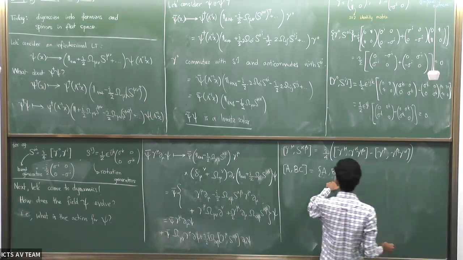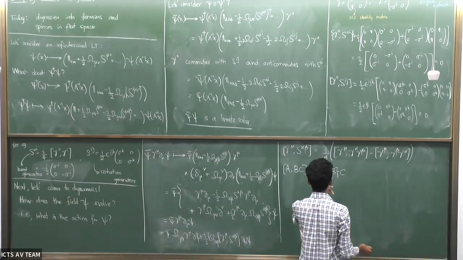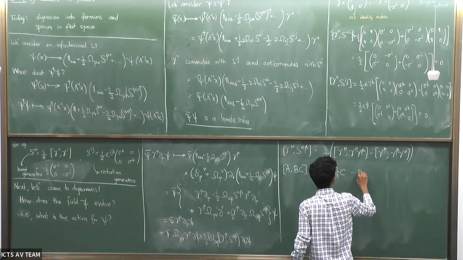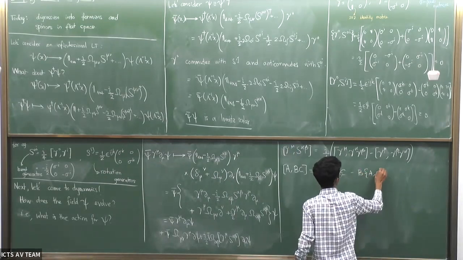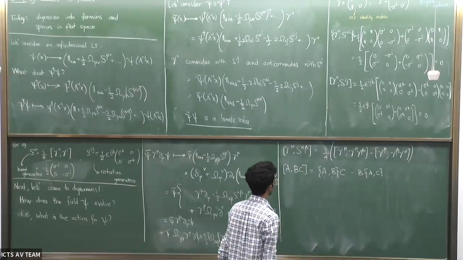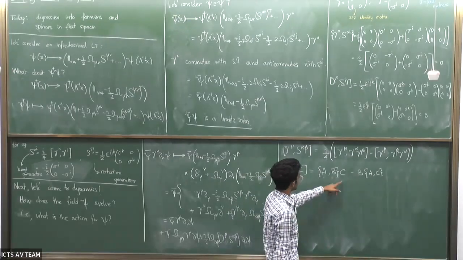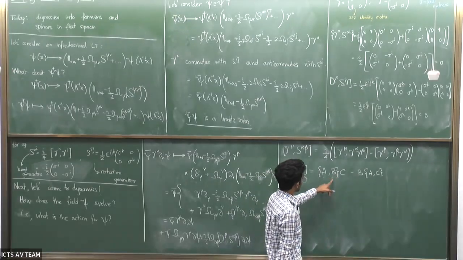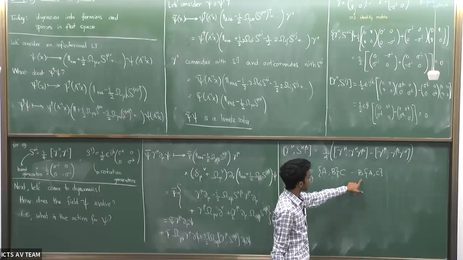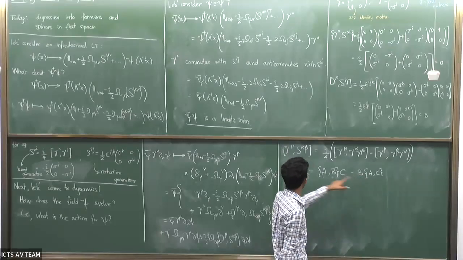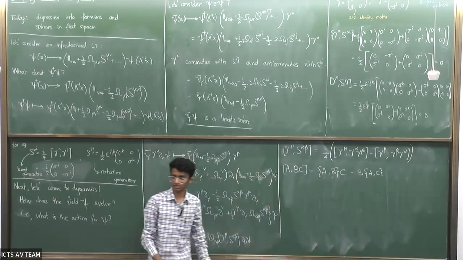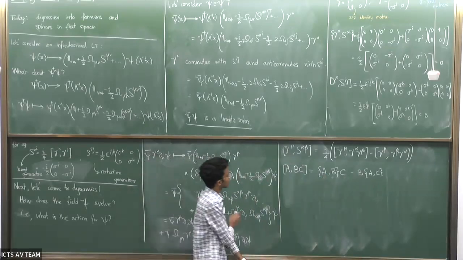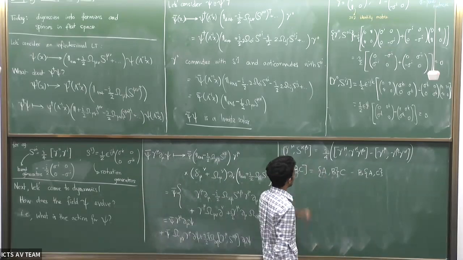So this has a BAC, but I have to get rid of the BAC. So I probably will have BAC. Is this right? So this gives you an ABC plus BAC. So that gets rid of this BAC. And then here you have minus BCA. This works. So let's use this there.